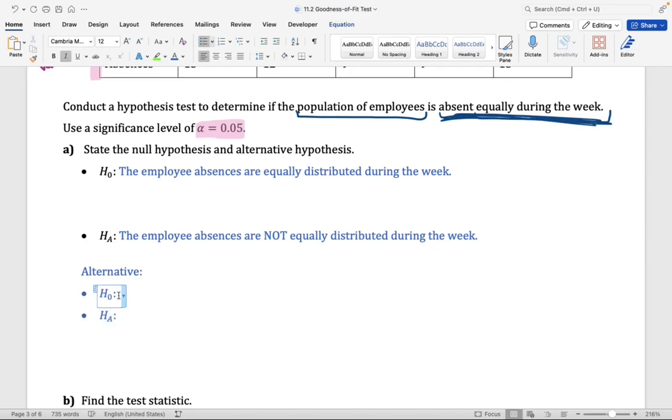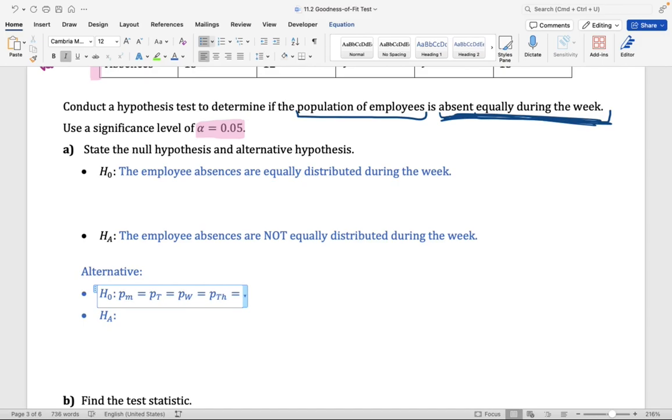For the null hypothesis, we can write the proportion of people who are absent on Monday. We can write P sub M is equal to the proportion of people who are absent on Tuesday. Let's write P sub T, which is equal to the proportion of people who are absent on Wednesday and Thursday. So I'm going to go ahead and continue using this notation. I'm using P sub M for the proportion of people who are absent on Monday, P sub TH for the proportion of people who are absent on Thursday.